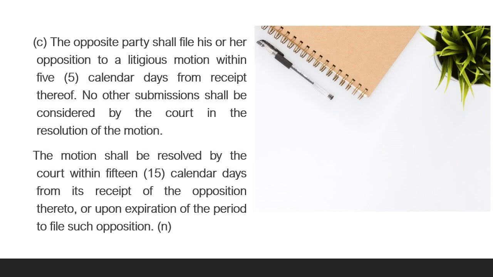No other submissions shall be considered by the court in the resolution of the motion. The motion shall be resolved by the court within 15 calendar days from its receipt of the opposition thereto, or upon expiration of the period to file such opposition.